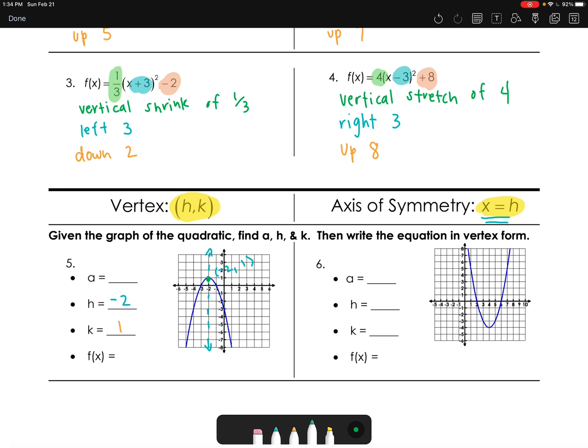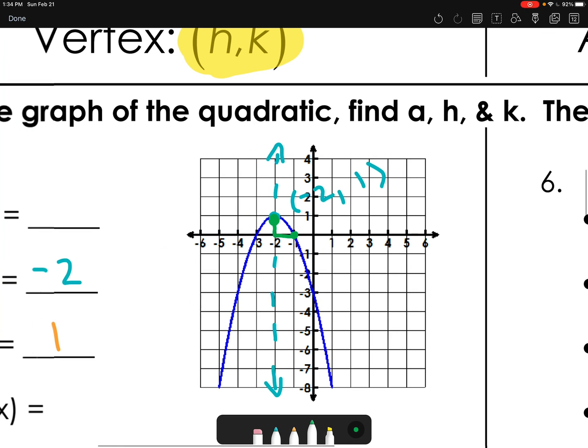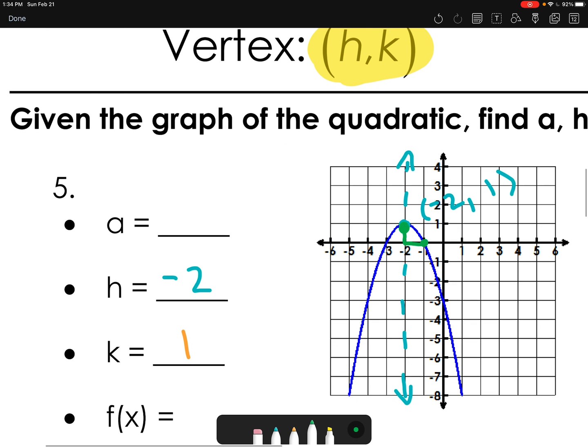You're trying to find slope in a way. So you want to go to the next point that you can see on the graph, and I see the next point being right here. I moved down 1, right 1. So my a is -1.